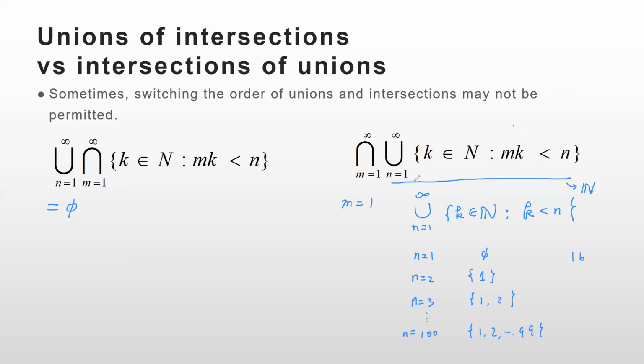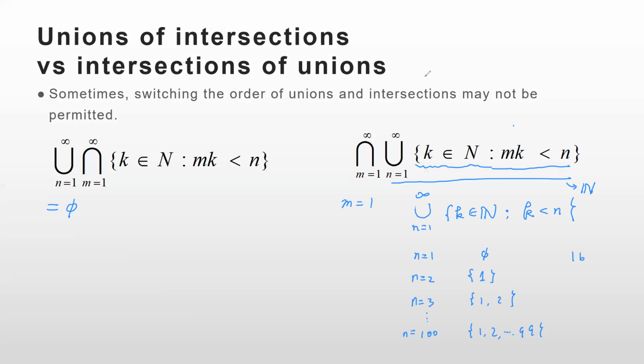And when m equals 2, similarly, you have 2 times k less than n. But when n gets bigger and bigger, this union would be bigger and bigger, and eventually it will include all the natural numbers.